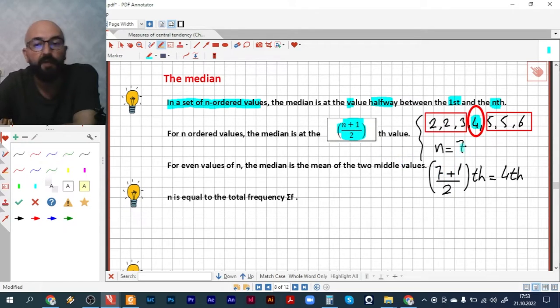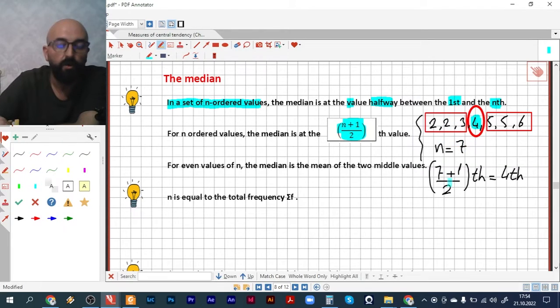If we have all the odd numbers... for even values of n, the median is the mean of the two middle values.